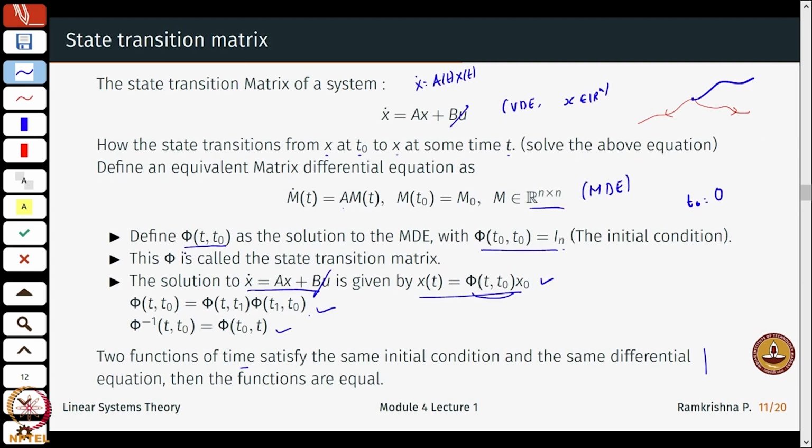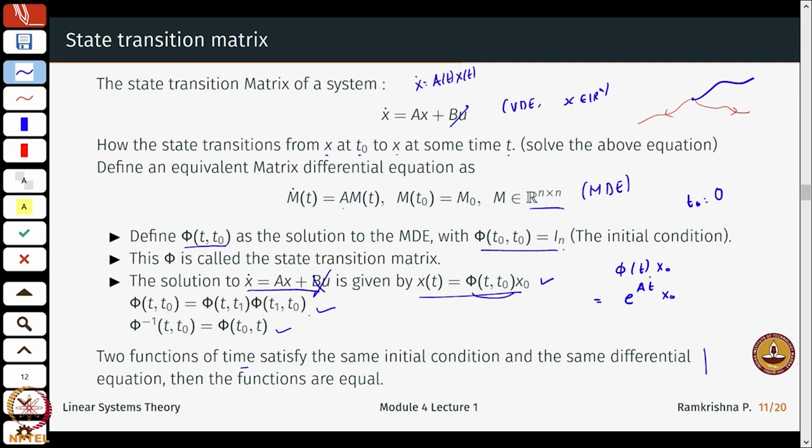The solution to x dot equal to A x plus B u, or without the input, is given by phi of t x naught, where we assume t naught equal to 0. So, what is phi of t? Phi of t is e power A t. It also satisfies the property that the initial condition is the identity. Just put t equal to 0 here and you get the identity.